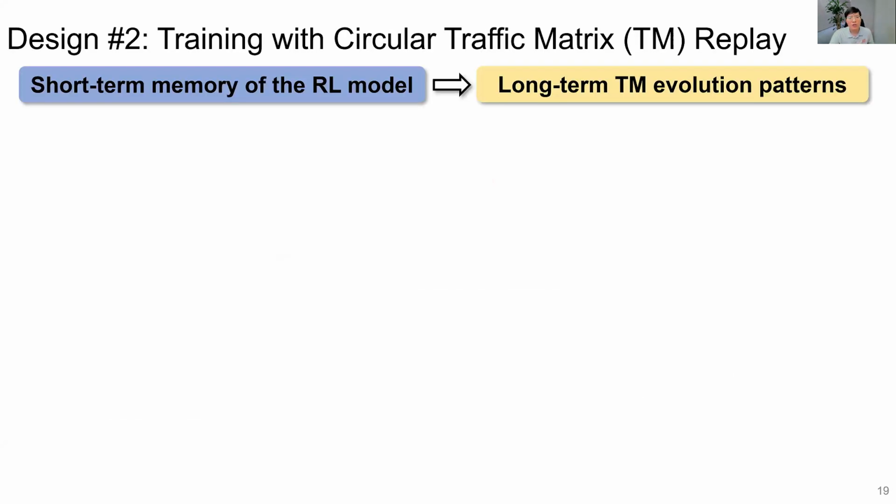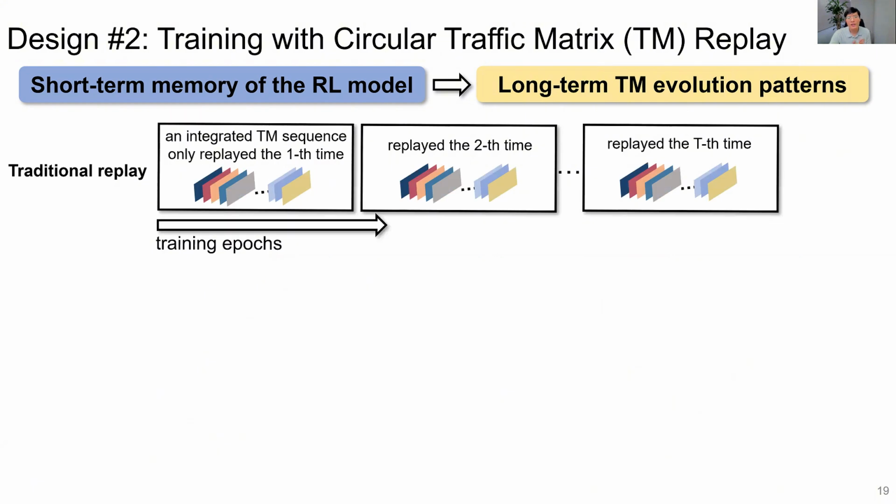The key to solving this problem is that IO models need to use short-term memory to learn the long-term TM evolution patterns. Traditional training methods replay all TMs sequentially, and TMs are always new to the IO model and arrive randomly, so it takes a long time for the model to converge.